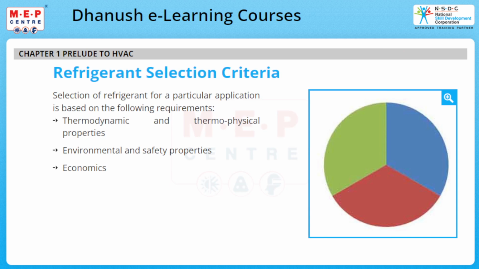Selection of refrigerant for a particular application is based on the following requirements: thermodynamic and thermophysical properties, environmental and safety properties, and economics. Let's learn about each of these.